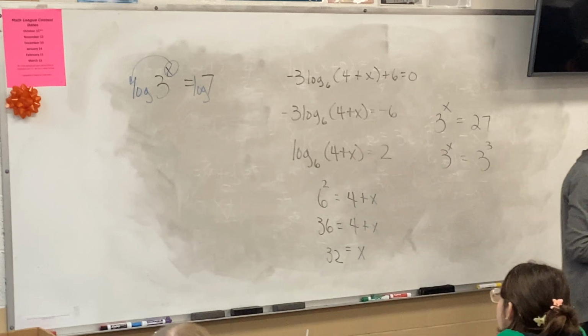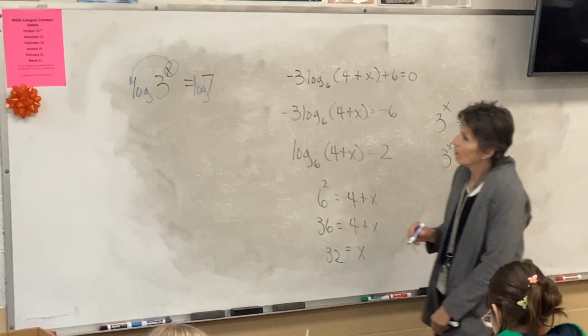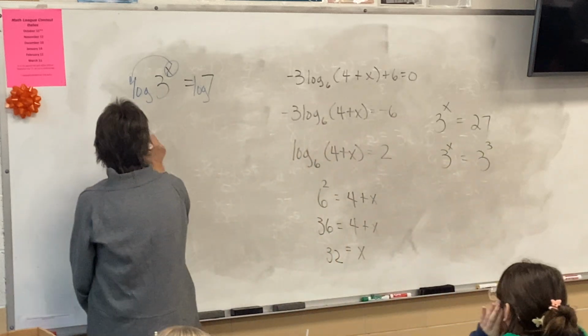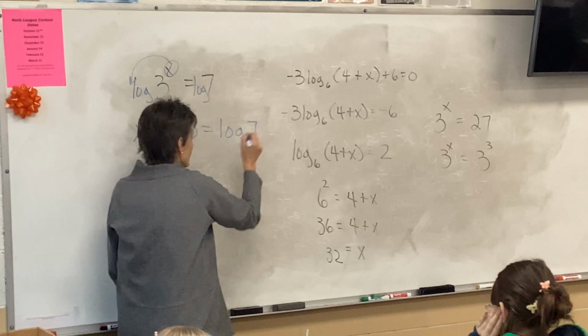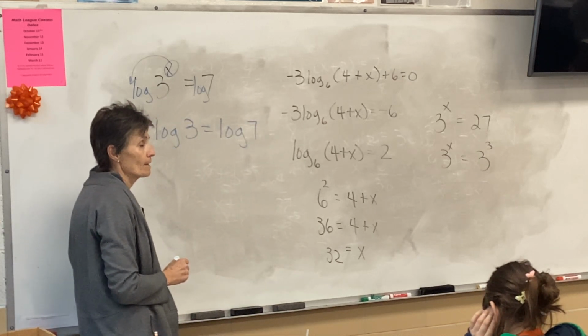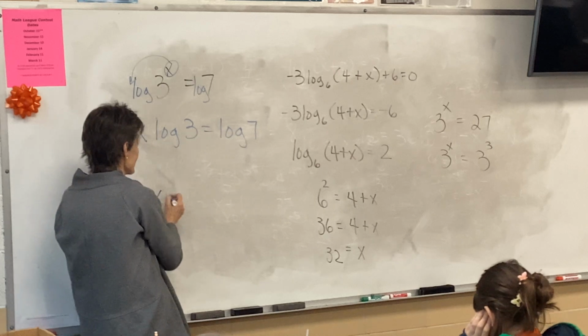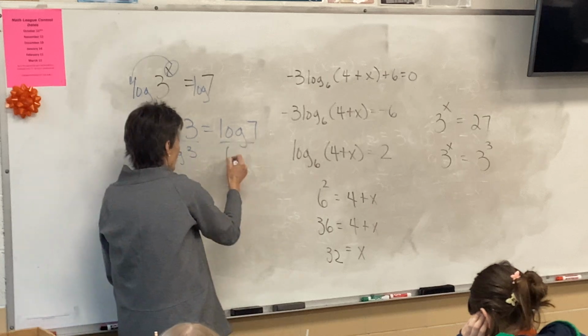Anyway, the exponent comes out front. Exponent becomes a coefficient. So now I have x log 3 equals log 7. And then to get x by itself, I'll simply divide both sides by the log of 3.